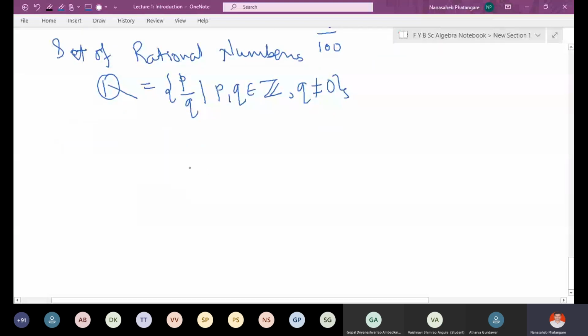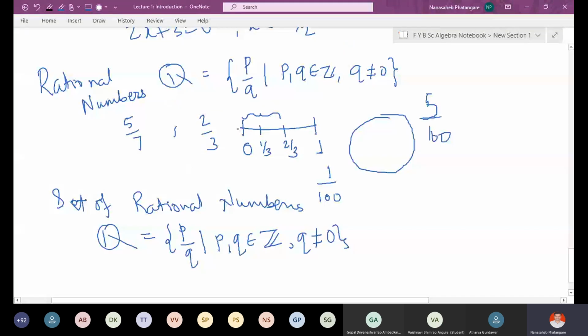And what are the rational numbers, or how to visualize these numbers, or where do we use such numbers? For example, as we saw last time, what is 2 by 3? 2 by 3 is a number, or 1 by 3 is a number.